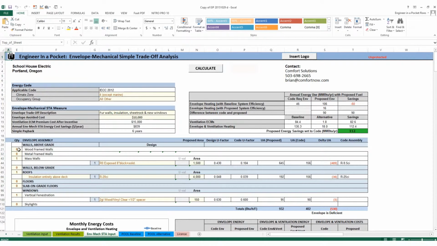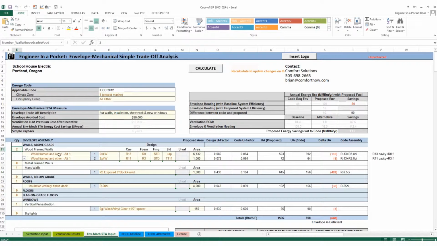In this tool, we have the ability to model our envelope. We can have two wall assemblies. We can have our mass walls, our metal framed walls, our floors, our windows, and we select the construction type for each of these assemblies.